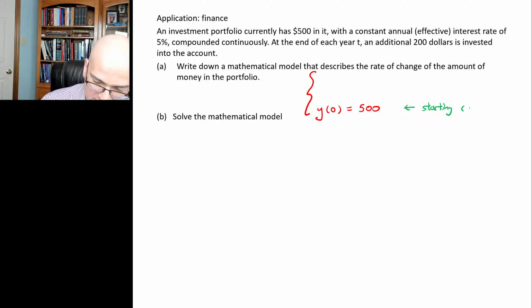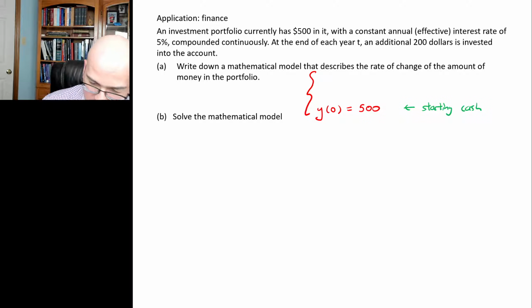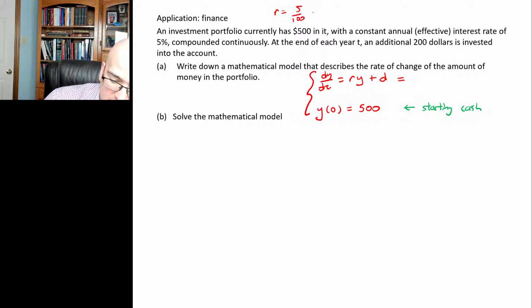And then the differential equation, dy by dt, is equal to our interest term, r times y, plus our deposit term. So our interest term, r is equal to 5 out of 100, which is 1 over 20, or 0.05.